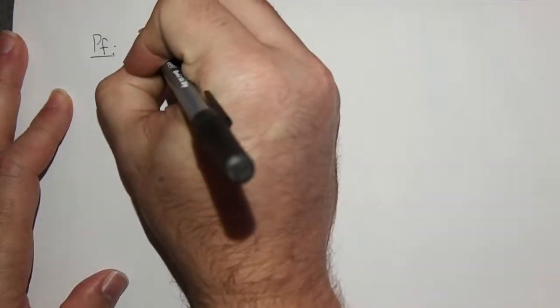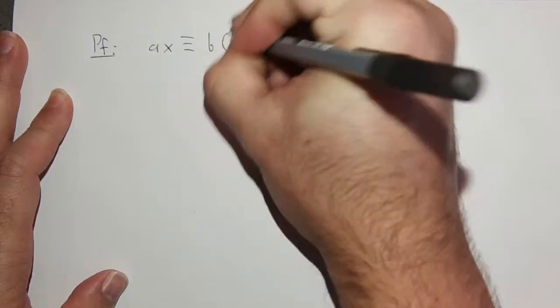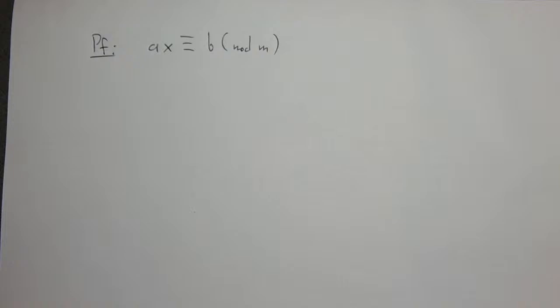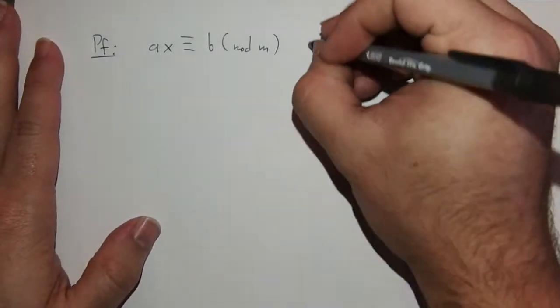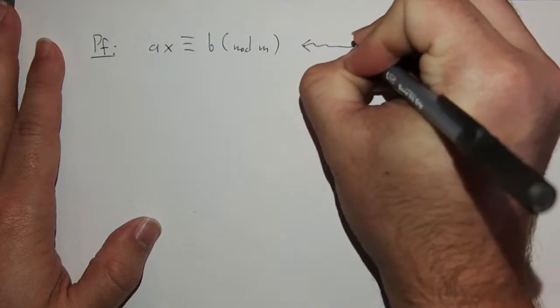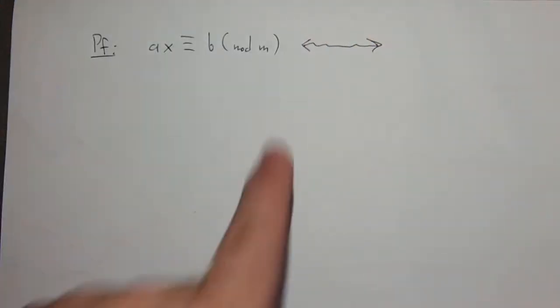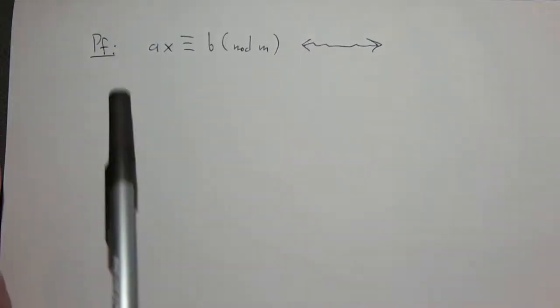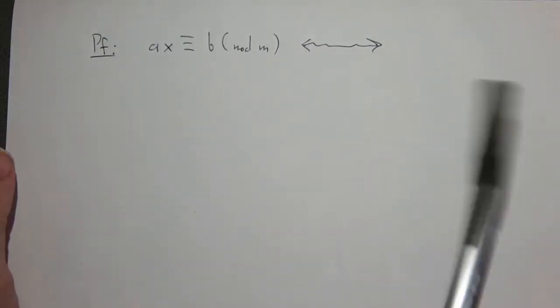So first, let's rewrite this congruence. We have the congruence ax is congruent to b mod m. But of course, this statement is equivalent, and when I write this, I mean it loosely: it means is equivalent to, or has a correspondence with.